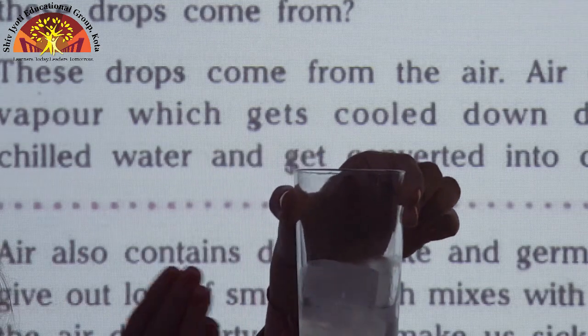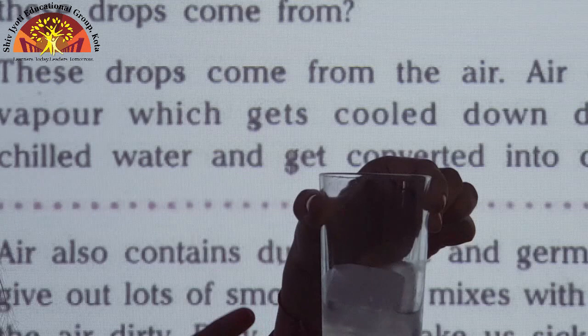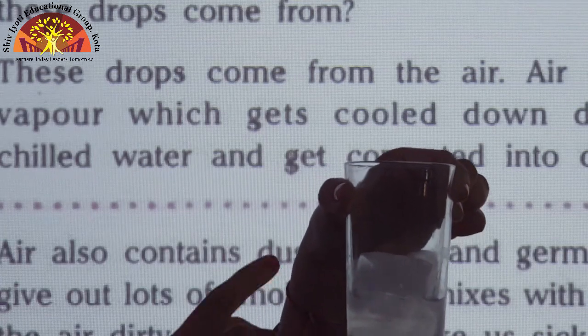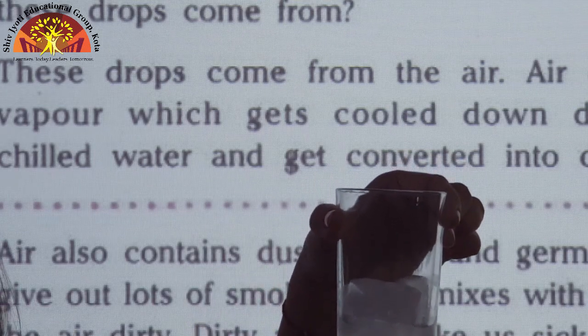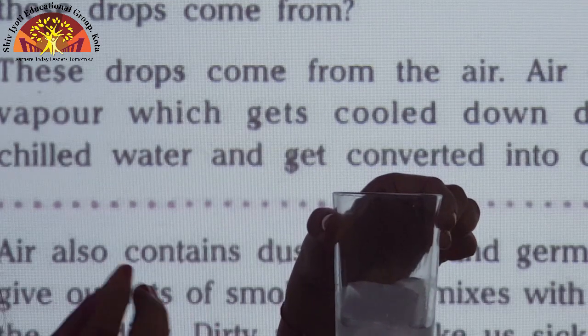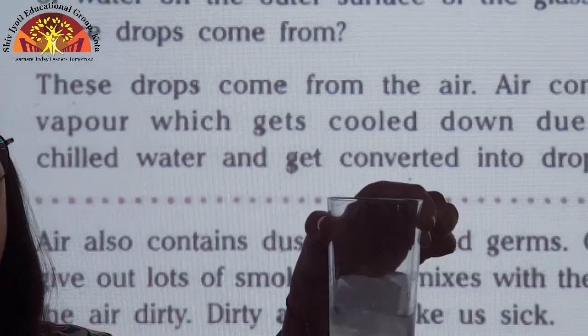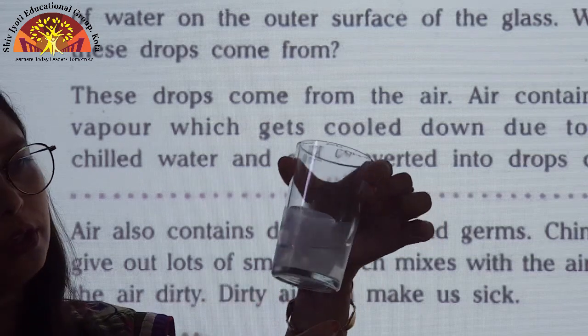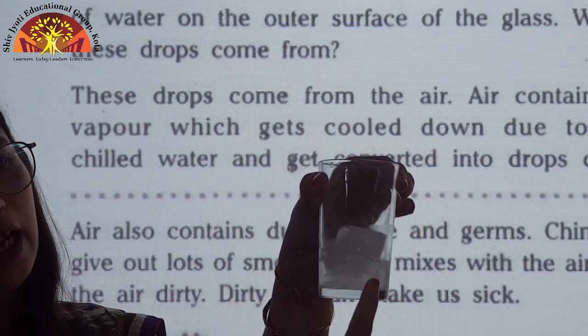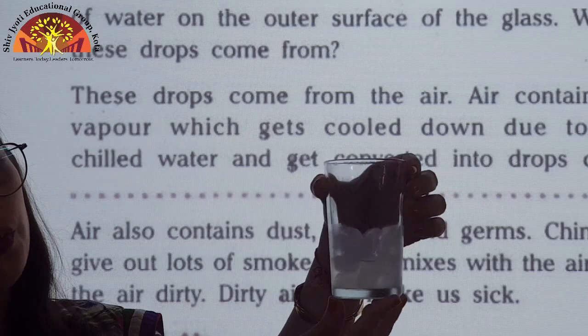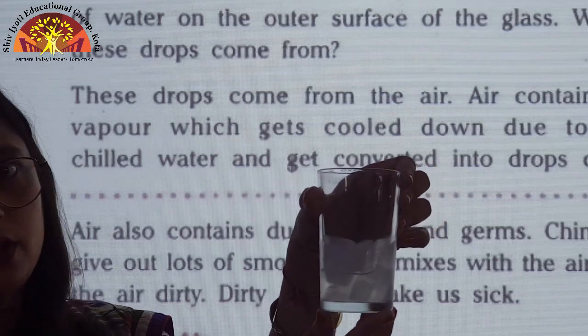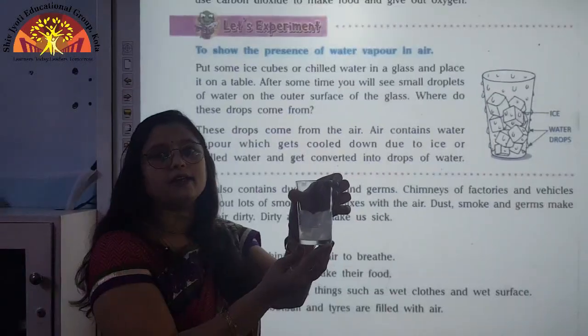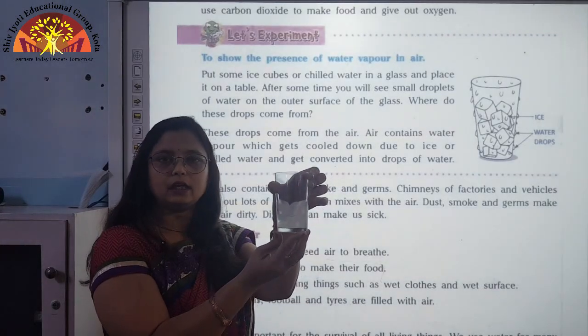So when water vapor comes in contact with the glass, it starts settling down here due to becoming cool. These water vapors, when they become cool, start to condense, okay, and they are now being converted into drops of water. So you can see here outside the glass there are so many drops of water which have arrived. So children, this shows that water vapor is present in air.